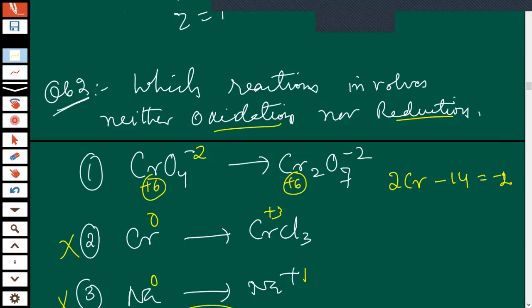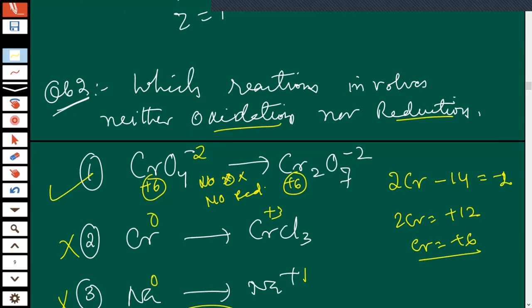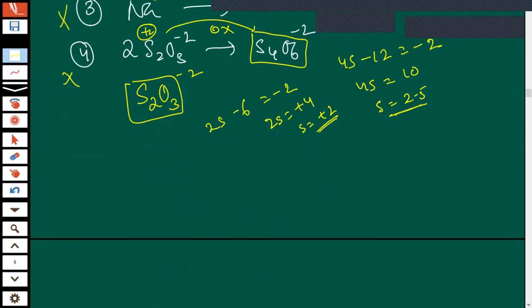So each chromium is plus 6 and the same. No oxidation, no reduction, right? So first option is the correct option, chromate and dichromate. In this way you have to solve the problems.